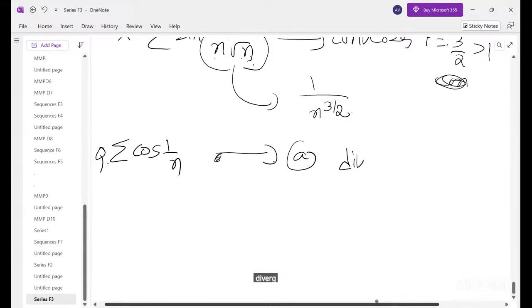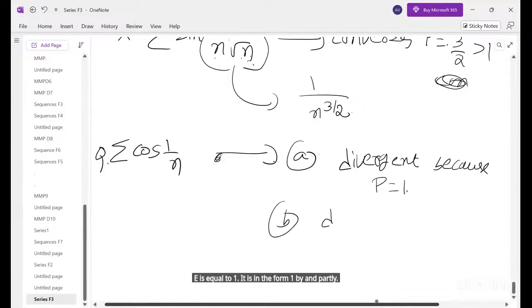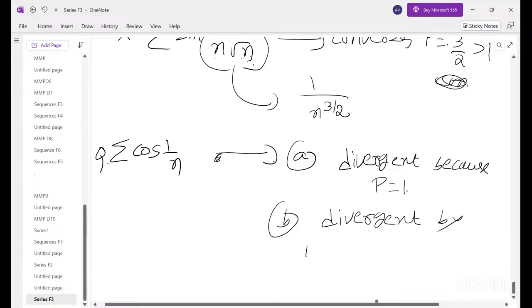Divergent because p is equal to 1, it is in the form 1/n^p. Or preliminary test.